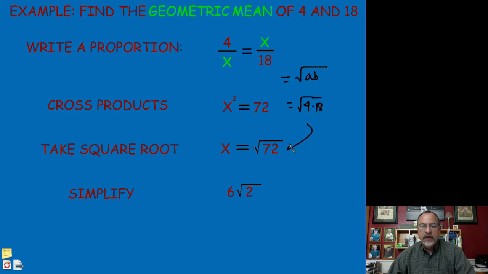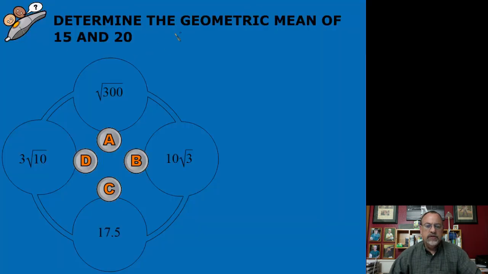Or you could set up the proportion either way. So let's look at one example here. The geometric mean of 15 and 20. The geometric mean is the square root of these two numbers multiplied together. Now, I could multiply these together and get 300, and then do my prime factorization.